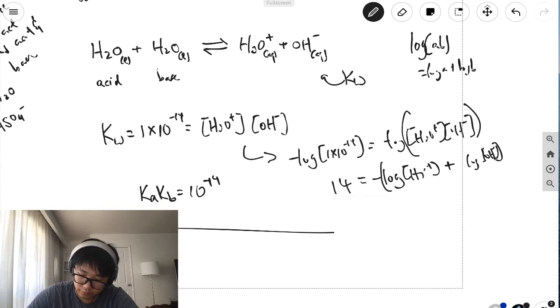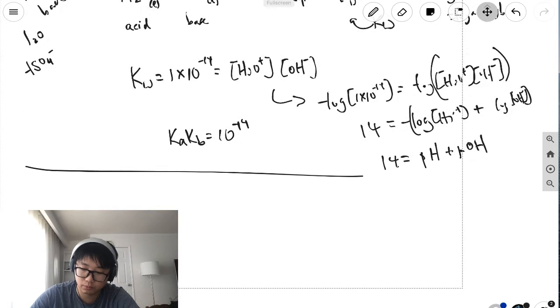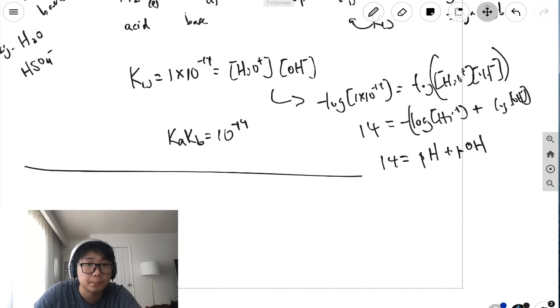So 14 therefore equals negative log of H3O plus, that's just pH, and then negative log of OH minus, that's just pOH. So from that, that's also where you got the 14 equals pH plus pOH from.